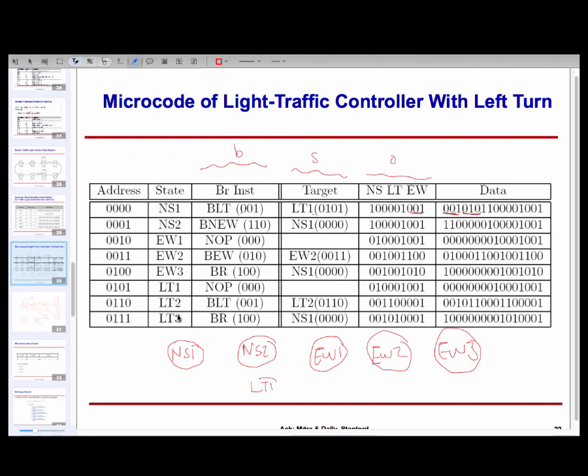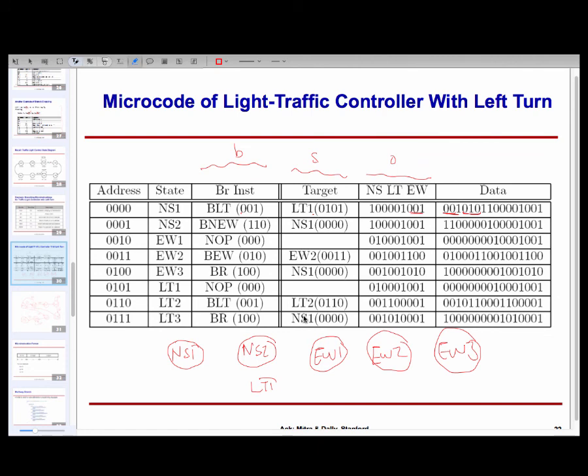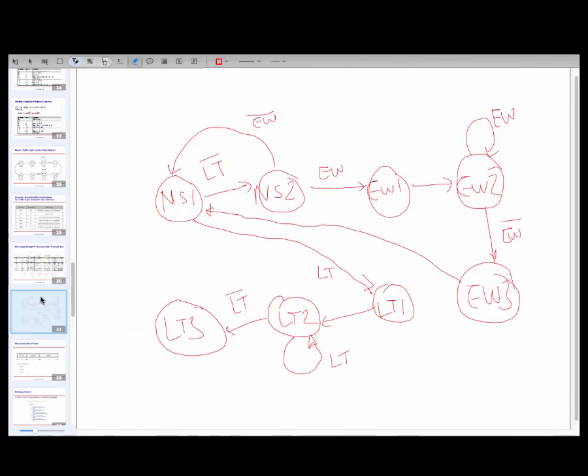Then LT, otherwise we move to LT3. And what is happening in LT3? Branch to NS1. So we go to NS1. Okay, now looking at the state machine, can you tell me what's going on at a very high level? So we start out here.